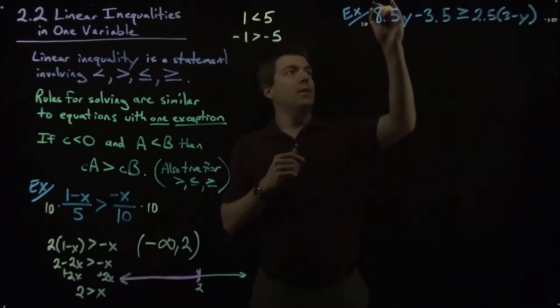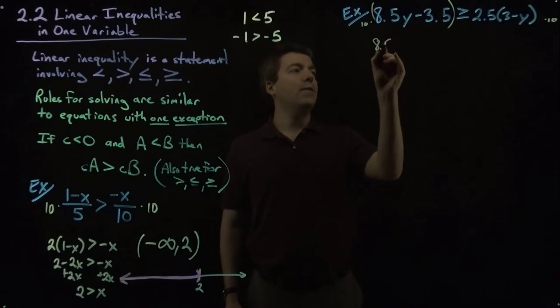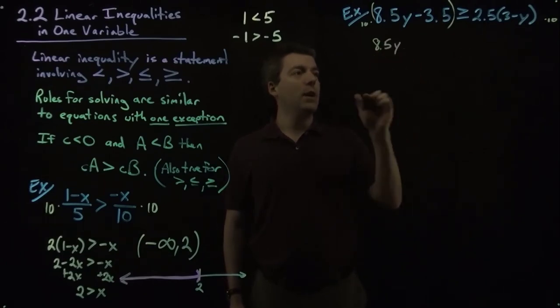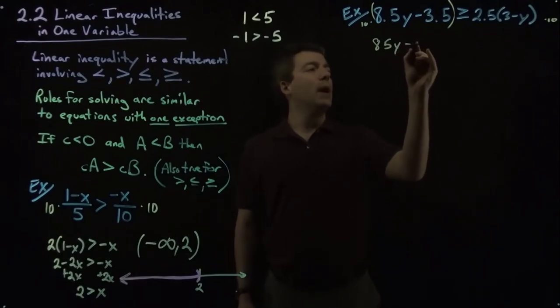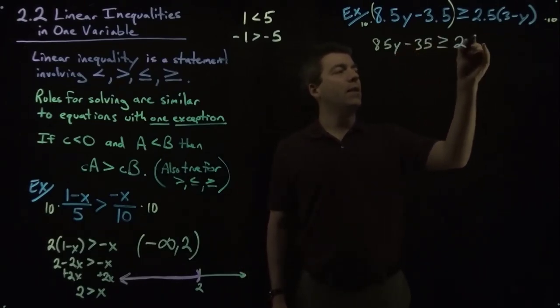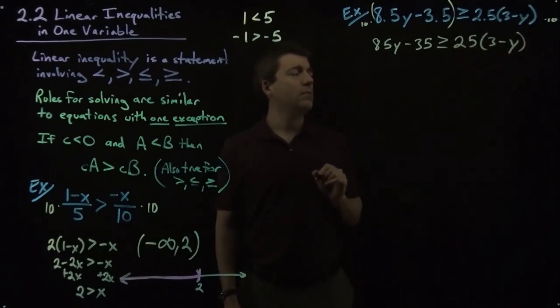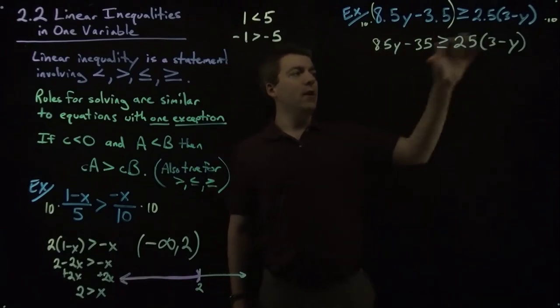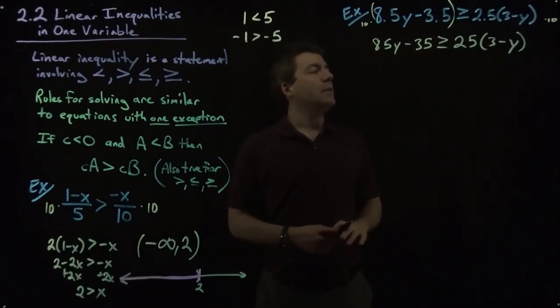All right, so all of this side gets multiplied by 10, so we're going to have 8.5y multiplied by 10 is 85y, minus 35, greater than or equal to 25 times (3 minus y). All right, so the decimals are gone, and we just have, well, really natural numbers here.